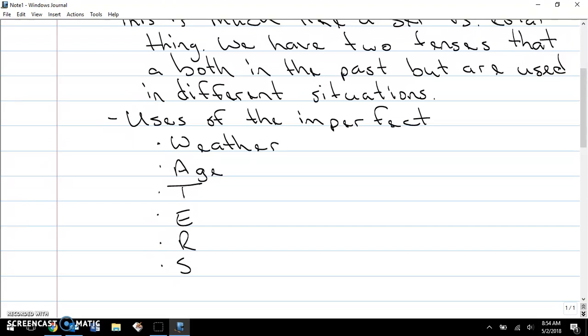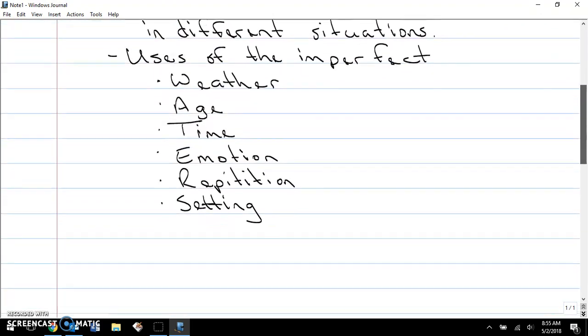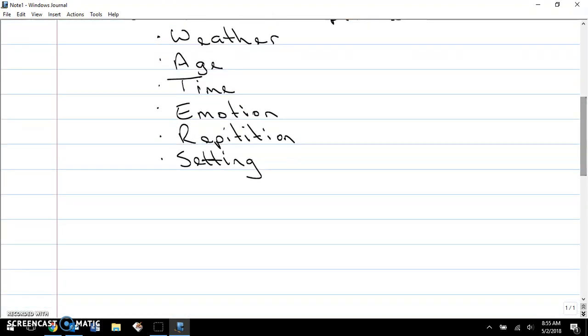A, age. T is time. E, emotion. R is repetition, repeated past actions. And finally, setting. And for right now, we just got to kind of get the basic conjugation things down. The next concept we'll be doing is actual preterite versus imperfect. And at that point, we'll concentrate more on the usages.